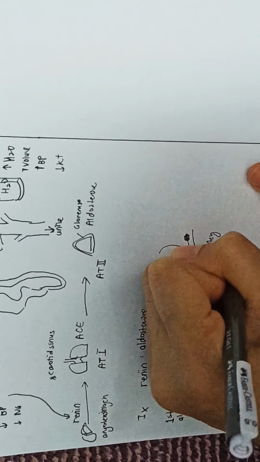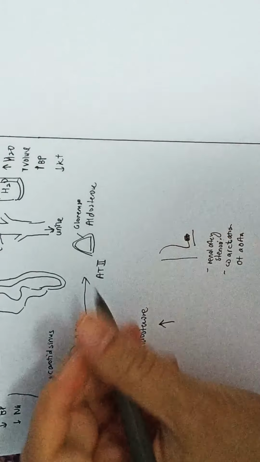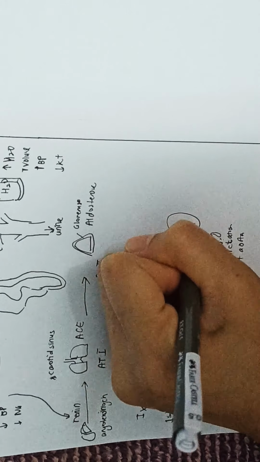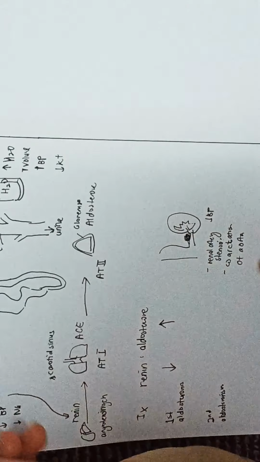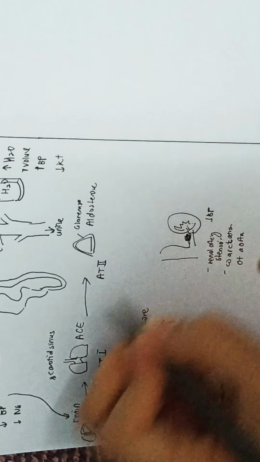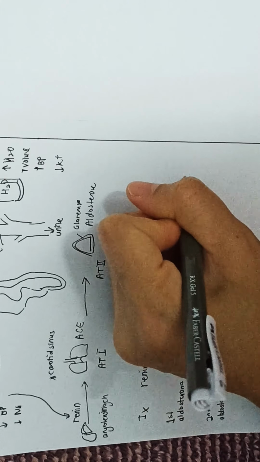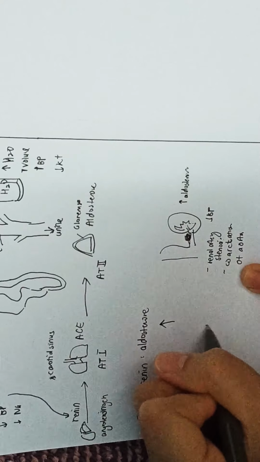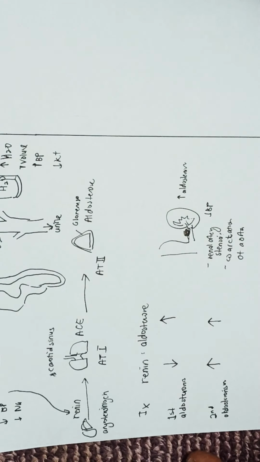There will be low BP in the renal artery, causing the macula densa to stimulate the RAAS and cause an increase in aldosterone. So in the blood test, we can see the renin is high due to this, and thus also causing high aldosterone. So that is how you can investigate that.